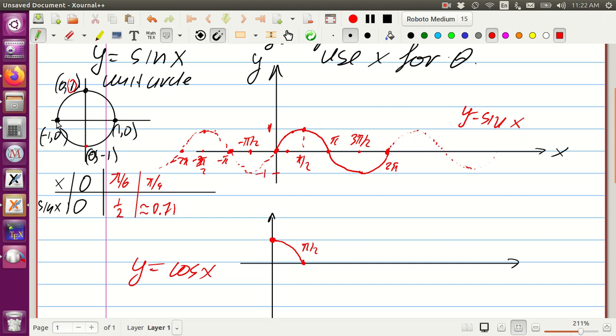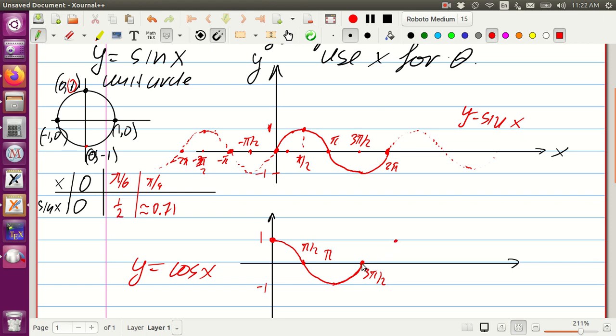But then x becomes negative and it goes to negative 1. So by the value of pi, we're going to reach negative 1 for x. Then we're sliding back to 0 by 3 pi over 2.